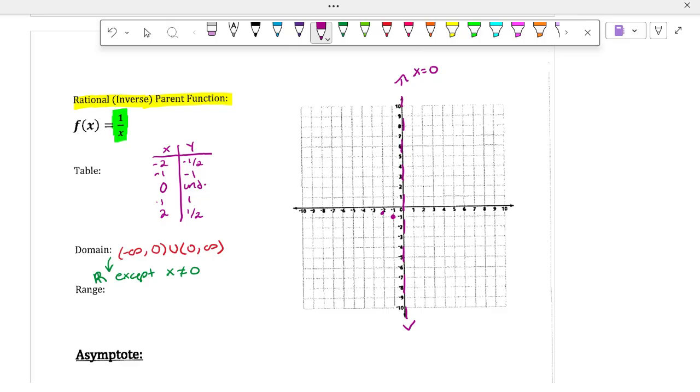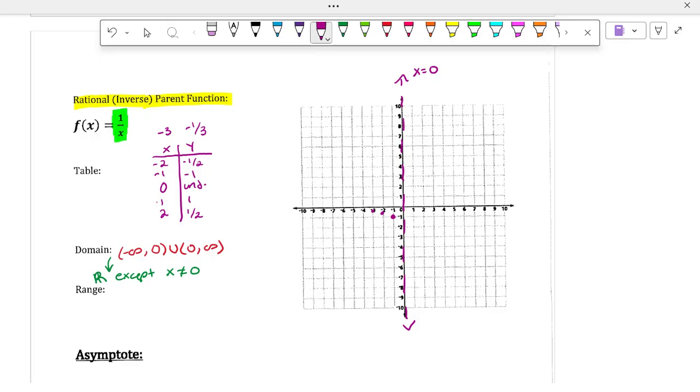If I picked, say, -3, so I go one step higher, what would you get? -1/3. So here's my question to you. Is there ever going to be a point when your y value is equal to 0? No. Why do you think that is?